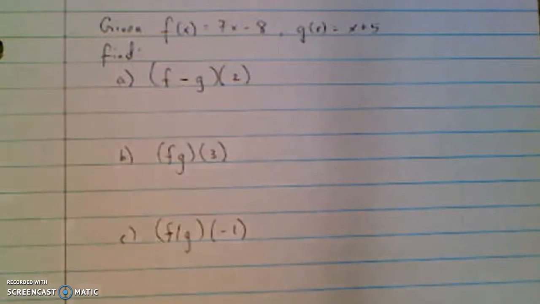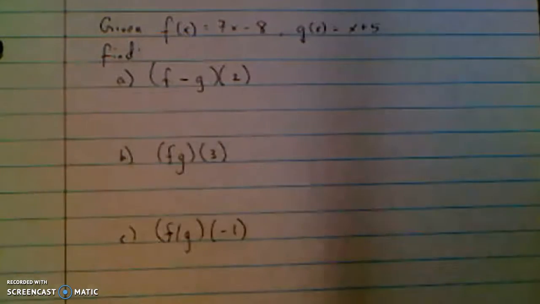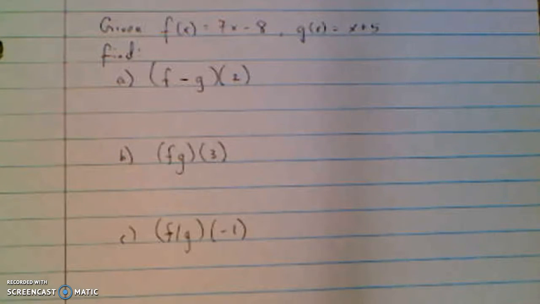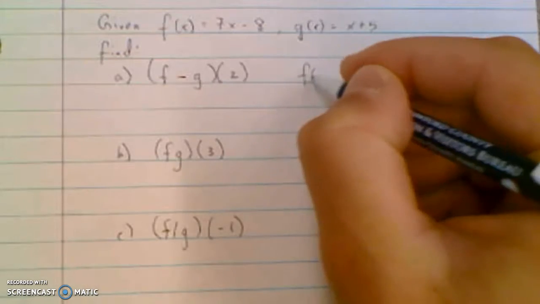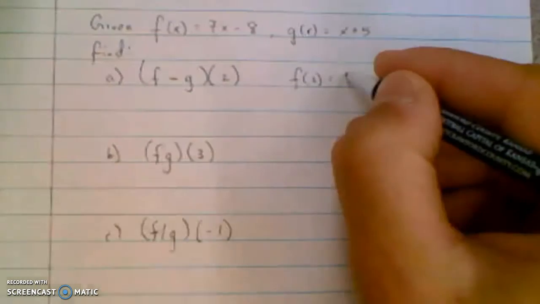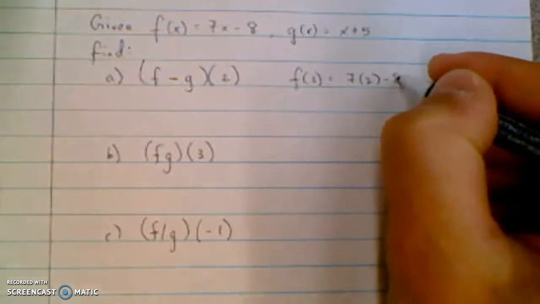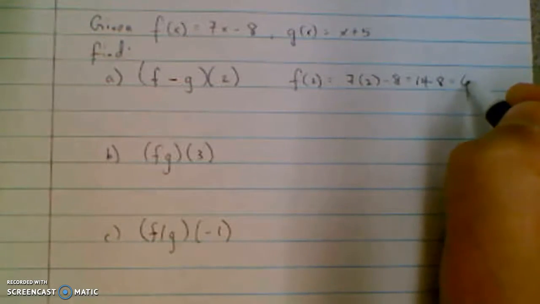Hey Chris, how do we do A? F minus g of 2. Any ideas? What do you think, Thomas? I'd find f of 2 first, then g of 2, and then subtract. F of 2: 7 times 2 minus 8, which is 14 minus 8, so 6.